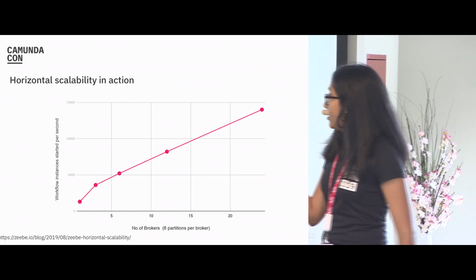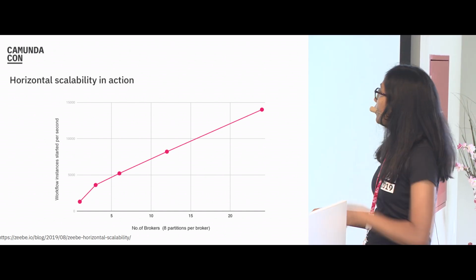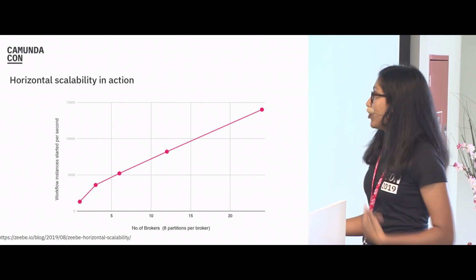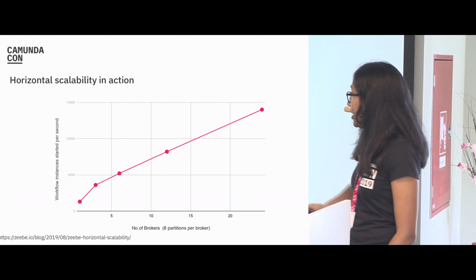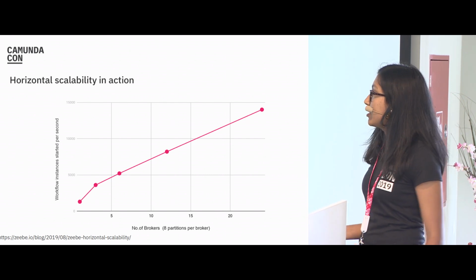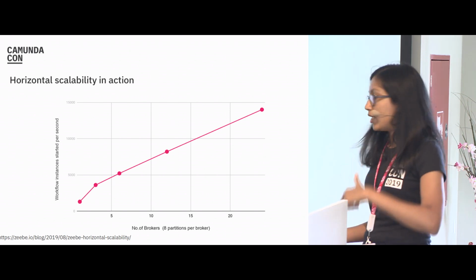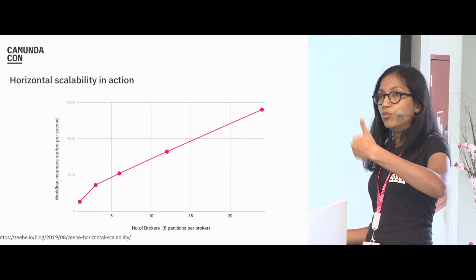We did some evaluations. We wanted to measure the horizontal scalability of Zeebe, so we measured the number of workflow instances created per second. We first started with one broker with 8 partitions, and then we added more brokers.